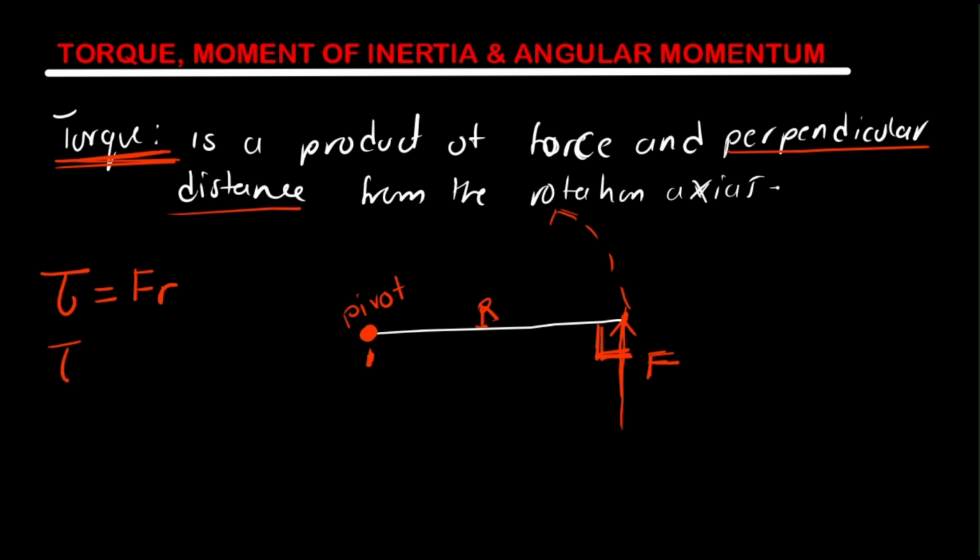Or I can say torque is equal to force times radius times sine theta, like that. These are the main formulas of torque that you need to be using when you're dealing with these things.